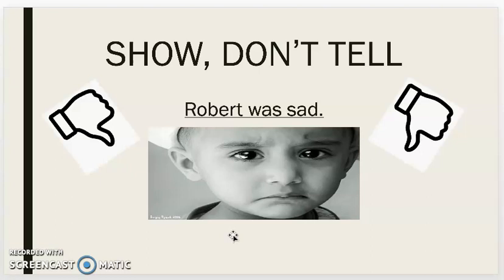Thumbs up or thumbs down? I hope you all put a thumbs down because in this sentence, Robert was sad, I am telling my readers how Robert feels. My sentence is not showing them how he feels.